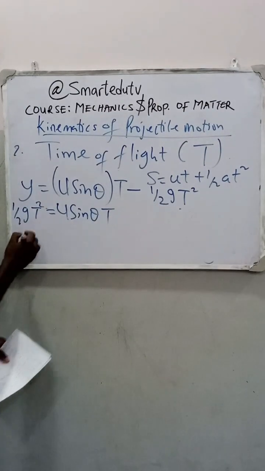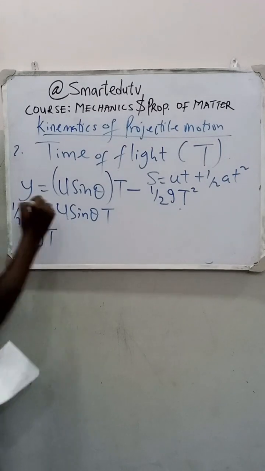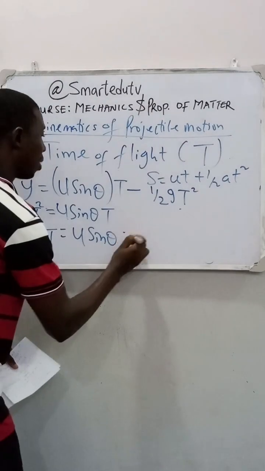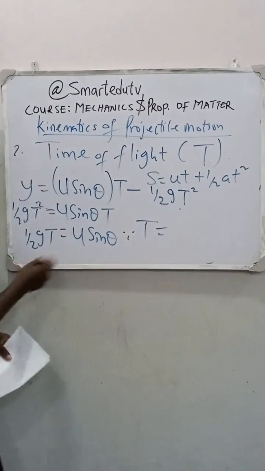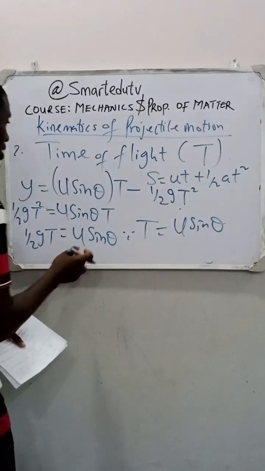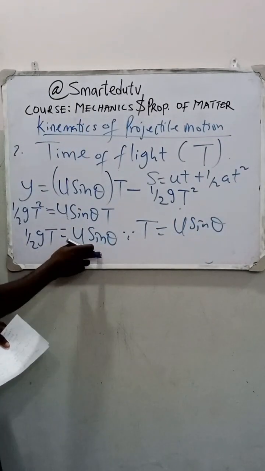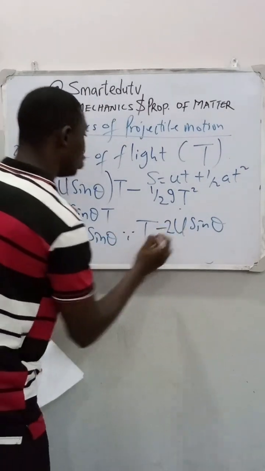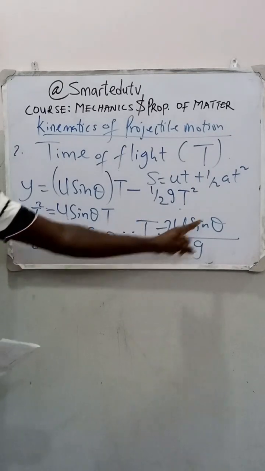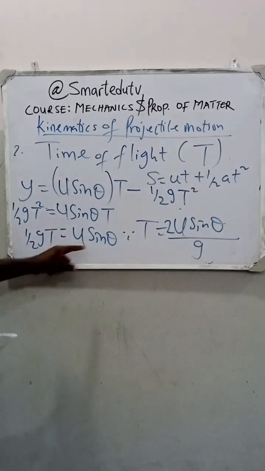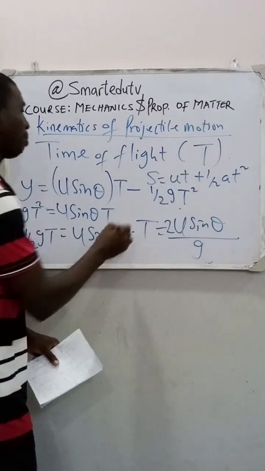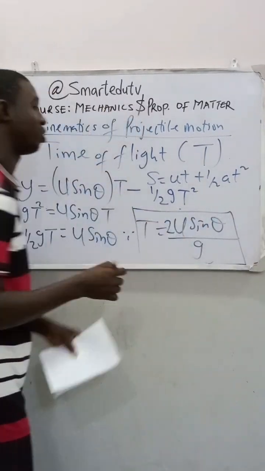This remains half g, only one t, equals u sin theta, in which our time of flight, capital T, can be written as u sin theta over half g. This 2 can also go to the other side. Our capital T is now 2 u sin theta over g. This is the time of flight of a projectile motion.